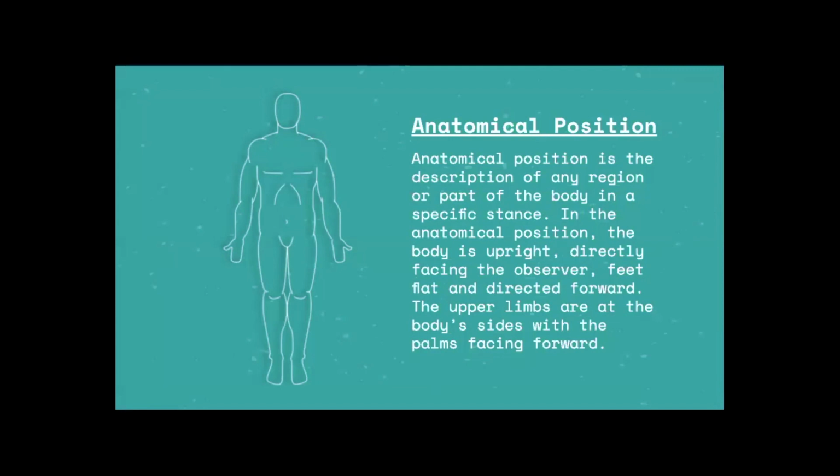The upper limbs are at the body sides, and the palms are facing forward. So this image right here is basically how the anatomical position looks. Most of our diagrams in medicine are in the anatomical position. It's just so when you keep the directions in mind, it's like a template.